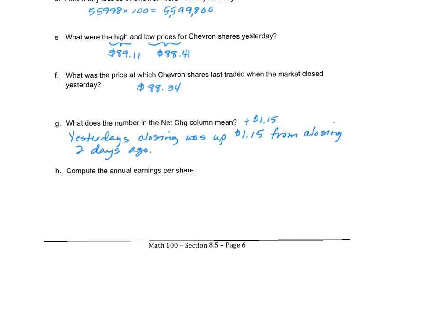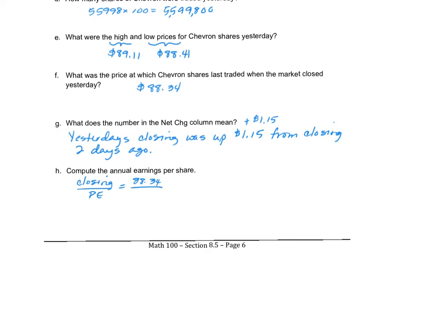Okay, compute the annual earnings per share. So the annual earnings per share is closing over PE. So that would be closing over PE. Closed at $88.34.